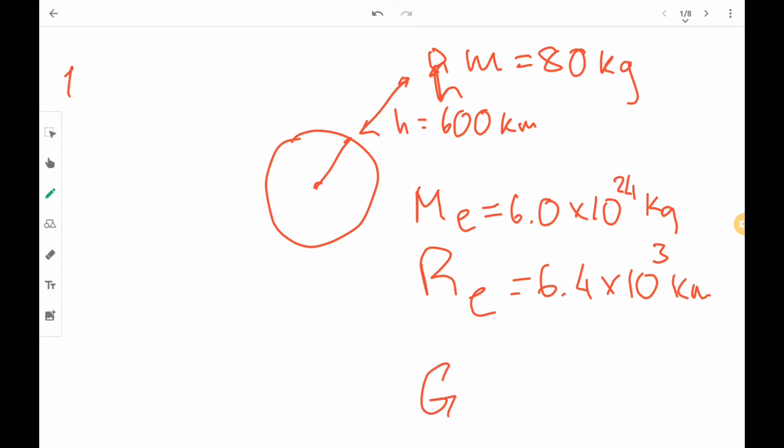And you have a constant G, 6.67 times 10 to the power of minus 11 Newton meter squared over kilogram squared.